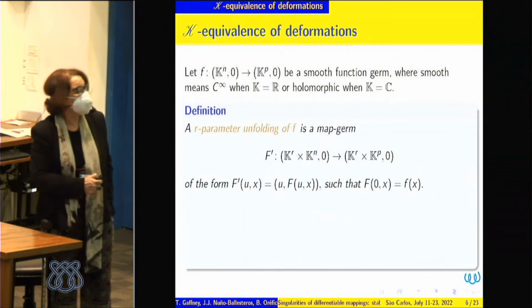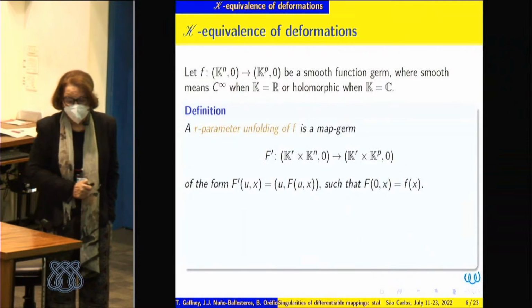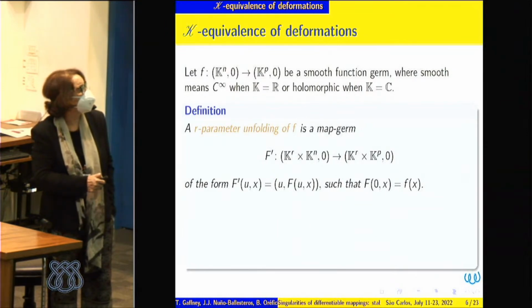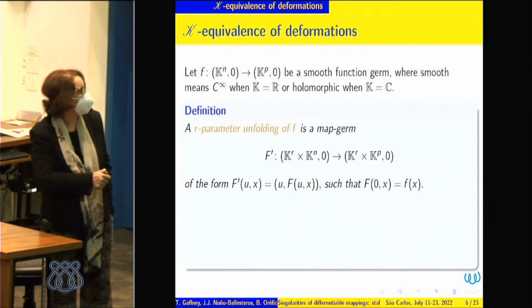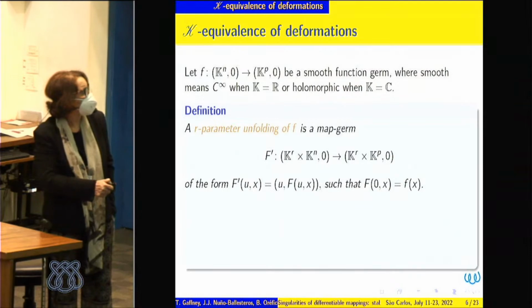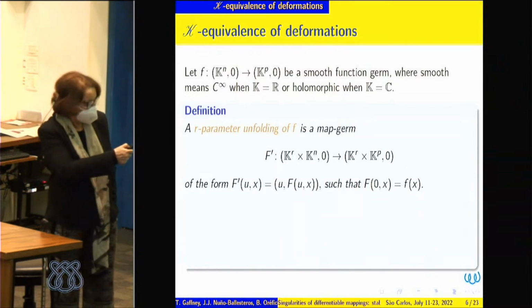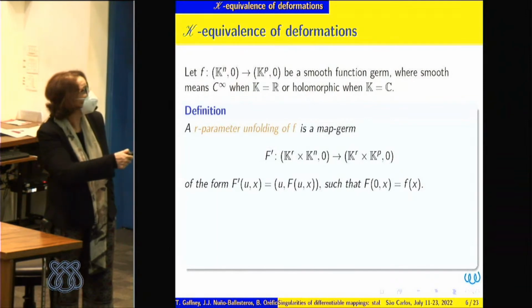So an r-parameter unfolding of f is a map germ with r parameters, F prime, from K^r × K^n to K^r × K^p, of this form, such that when I take the parameter equal to 0, I get that F(0, x) is f(x). So to go from unfolding to deformation, I just forget the parameter u in the target.